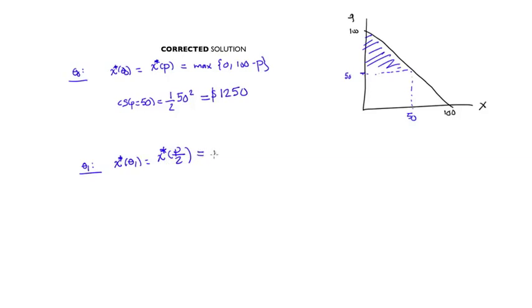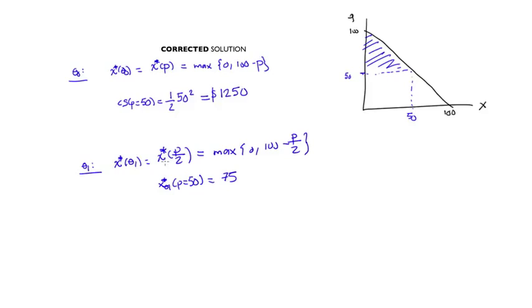So in other words, his demand is max of 0 or 100 minus P divided by 2. That is the impact of the subsidy. Notice that this implies that x star of theta 1 at a price equal to 50 is 75. So the consumer ends up buying more units after the subsidy is introduced.